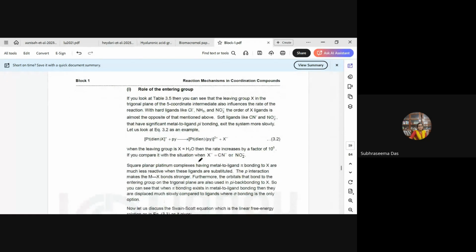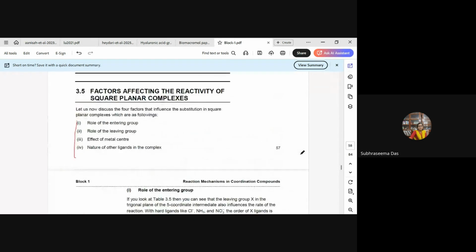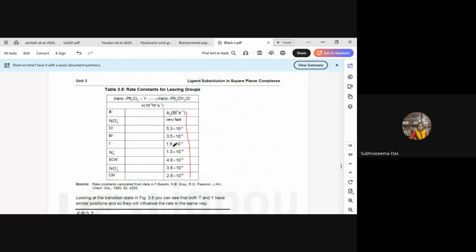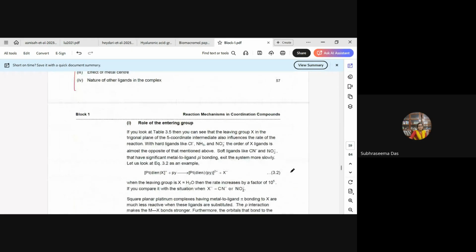So first is the role of the entering group. Here, if we look into table 3.5, this is the rate constant for different leaving groups, and you can see the rate constants are different.